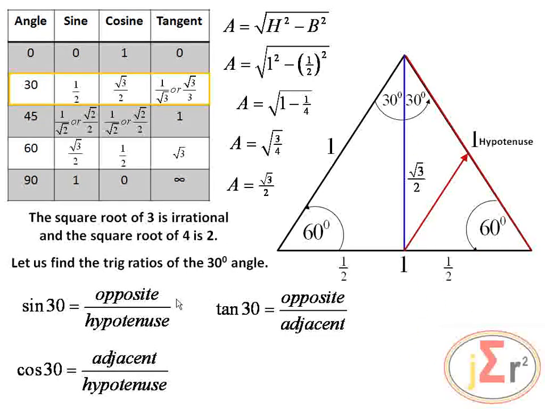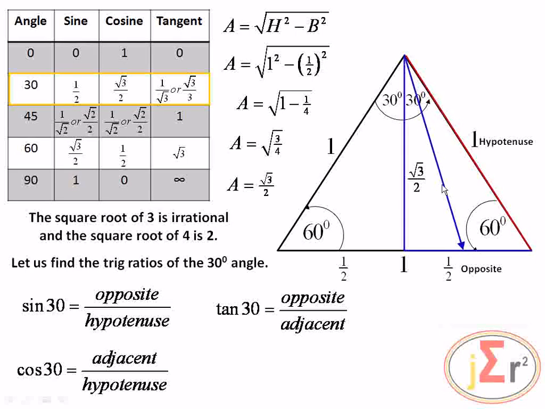It doesn't matter which angle we are considering, the hypotenuse will be the same. The longest side of the right angle triangle. Now what about the other one? Opposite. The one that is opposite to 30 degrees is this one. So this side becomes the opposite.